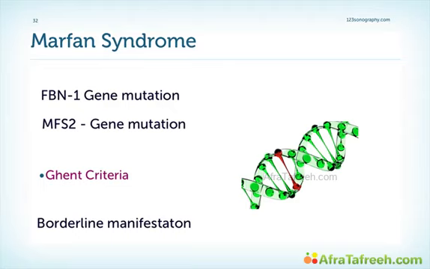The most well-known form of connective tissue disorder which causes aneurysms and dissection is the so-called Marfan syndrome. It is characterized by an FBN1 gene mutation or an MFS2 gene mutation. You can also establish the diagnosis with the help of the so-called Ghent criteria. And remember, very often you don't have the classical type of Marfan syndrome, but more borderline manifestations in the form of overlap syndromes.